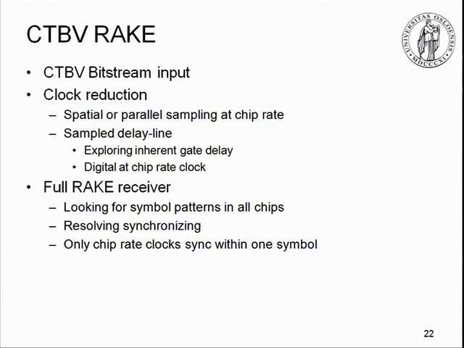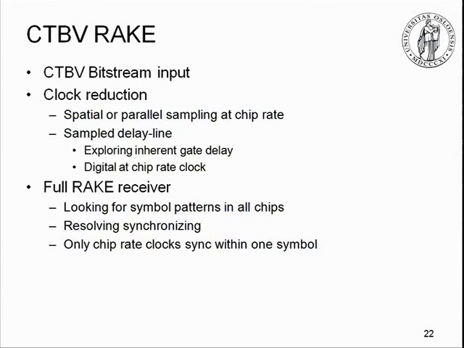And in order to avoid the synchronization required in these systems, we make what we call a full Rake. We make a full Rake receiver, meaning that we are looking at all possible occurrences of a pulse and try to cover all of them, meaning that we're not affected by the synchronization.